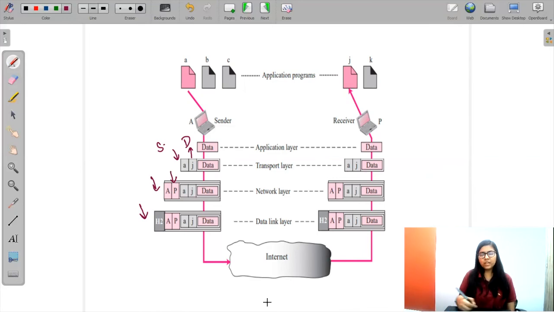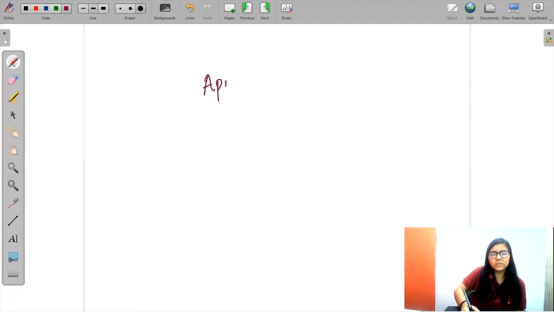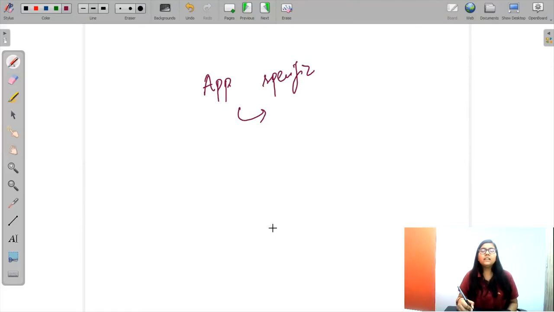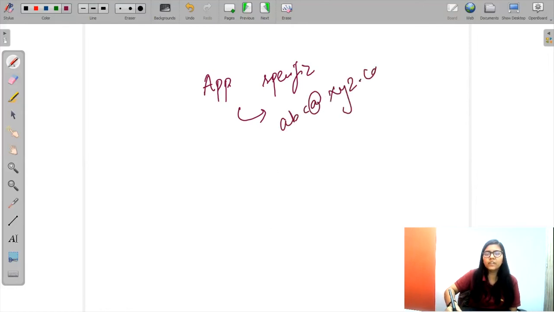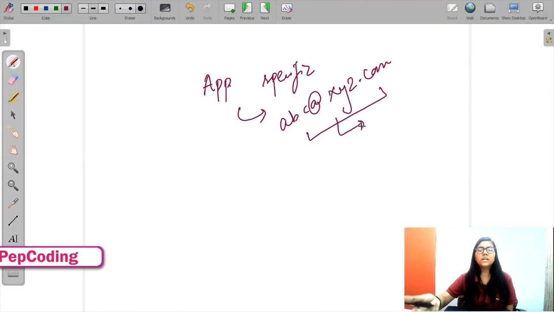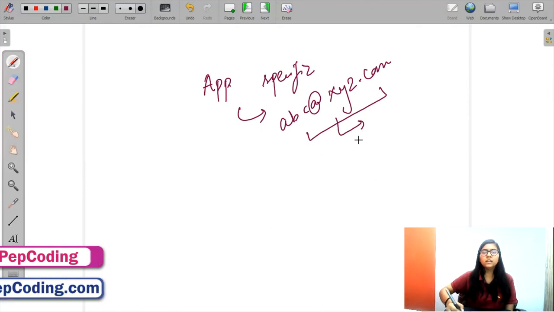So this is the third type of addressing. Now at last we have application specific addressing, which is quite simple. It is like when you want to send a mail to a particular person, you add a particular email ID, let's say abc@xyz.com. At that moment you are adding the specific ID of the person to whom you want to send the message.